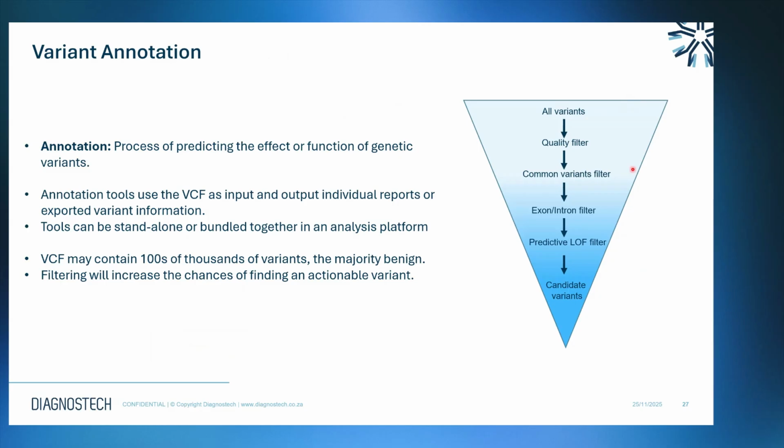There's lots of tools that can be used for this. There are online platforms, which I'm going to show you a bit later, that can do this for you. But the idea is to compare the variants to multiple databases and use in silico prediction to determine the functional effect and how rare this variant is in the population. Ideally, if you're doing something like an exome, you're going to have 50 to 100,000 variants.